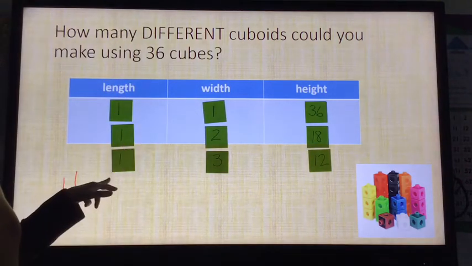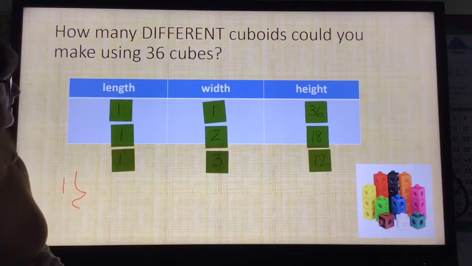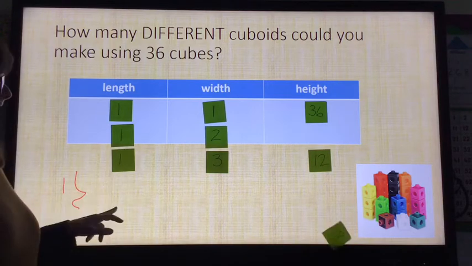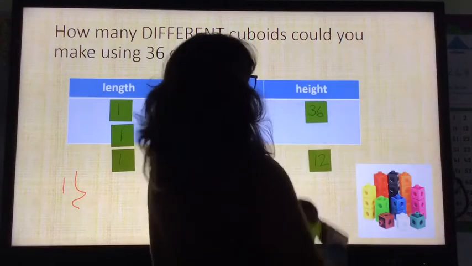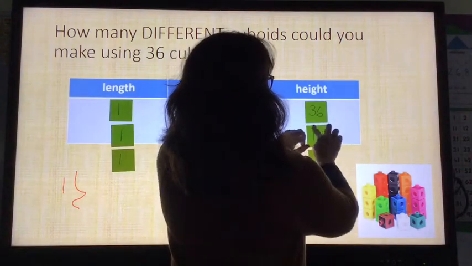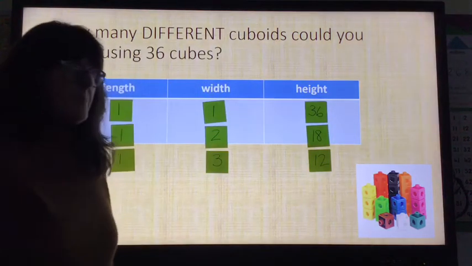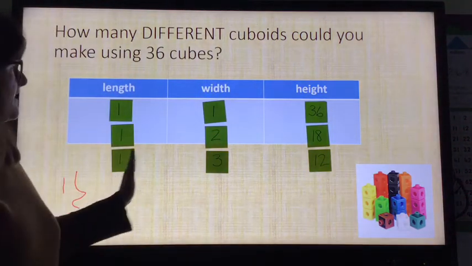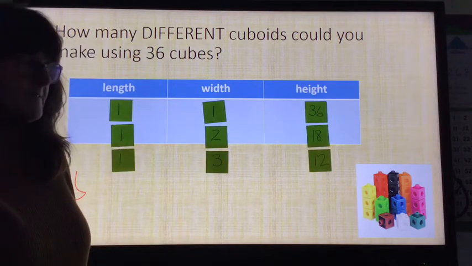My suggestion is you stick with a length of 1 and maybe try a width of 4, and then a width of 6. Stop the video and see how many different cuboids you could build with 36 cubes, finding 3 numbers that multiply to make 36.